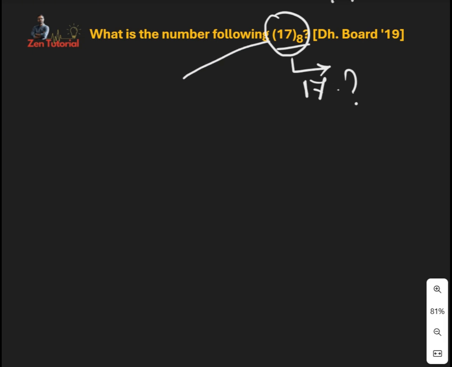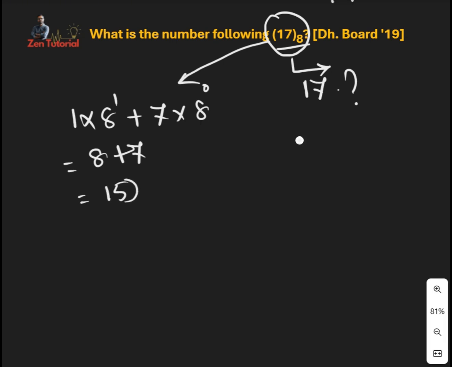So let's convert this octal into decimal. So 1 times 8, 7 times 8 to the 0, the LSB 0 and afterward 1. So this is 8 plus 7, which is actually 15 in decimal.